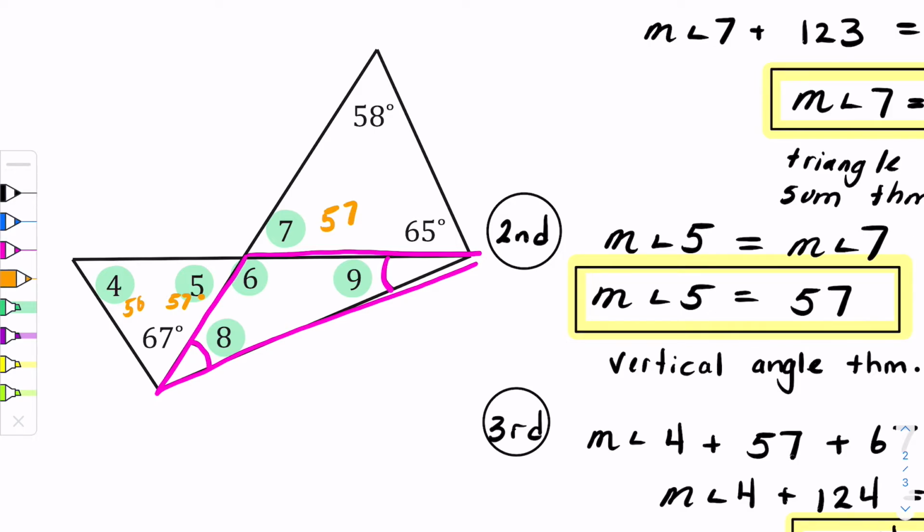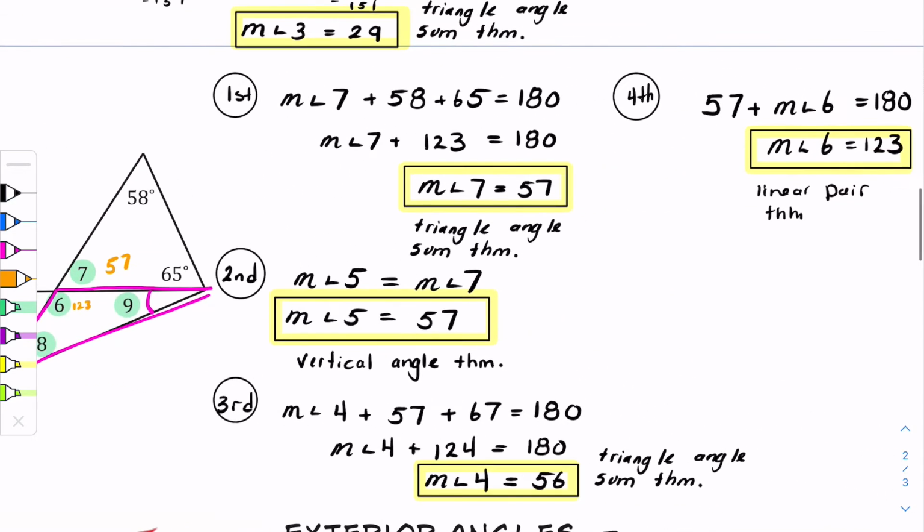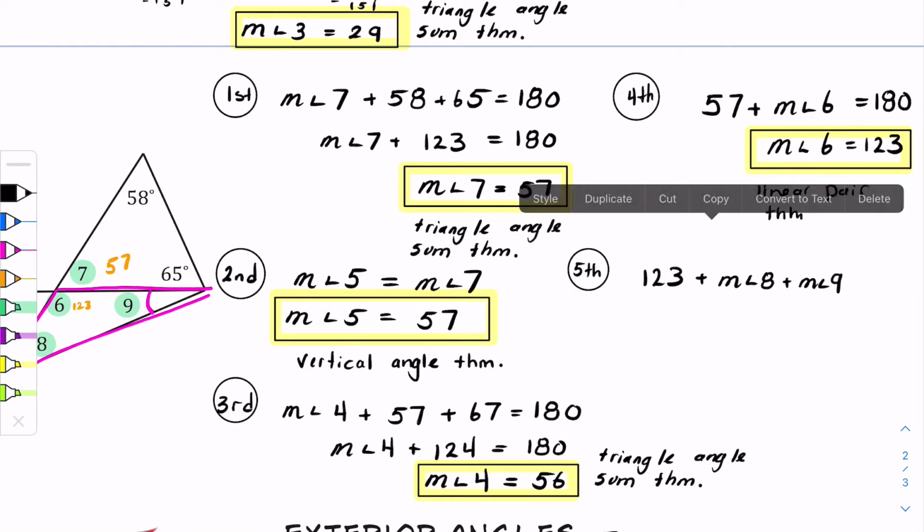And I forgot to mark that angle 6 is 123. So I know those three angles sum to 180 degrees. So I'm going to write out that 123 plus the measure of angle 8 plus the measure of angle 9 is equal to 180.